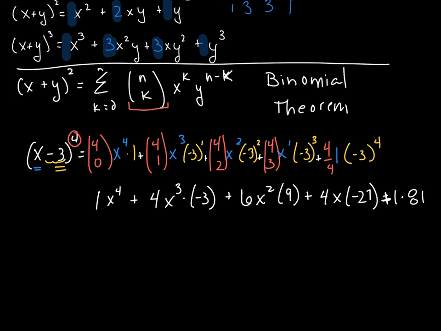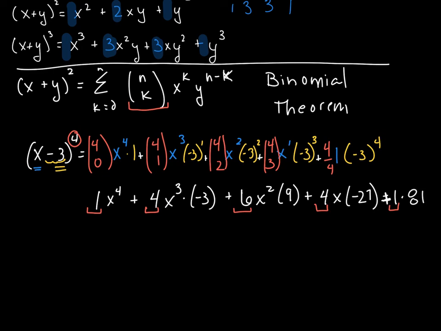So let's go ahead and take a second to look at those combinations. Those combinations I got are 1, 4, 6, 4, and 1. Those all came from the combinations: 4 choose 0 is 1, 4 choose 1 is 4, 4 choose 2 is 6, 4 choose 3 is 4, and 4 choose 4 is 1.